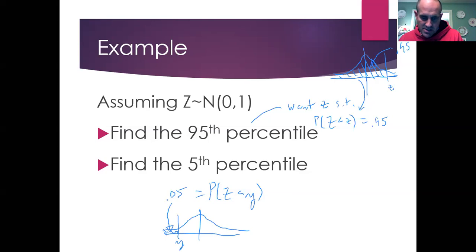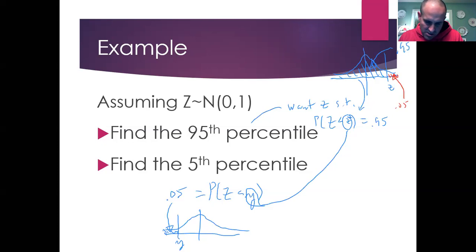But look at this. Can't you just see by symmetry what the connection is between this z and this y right here? Is it clear to you what's going to be the case? Whatever I discover that z is, how much percentage is above this little z value? That's 5%.